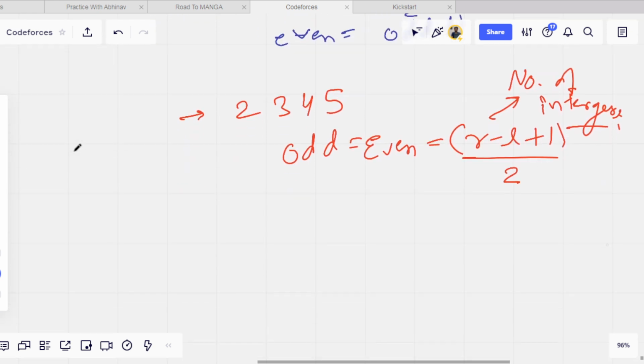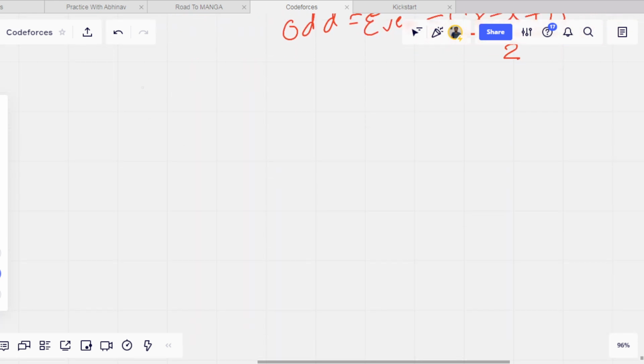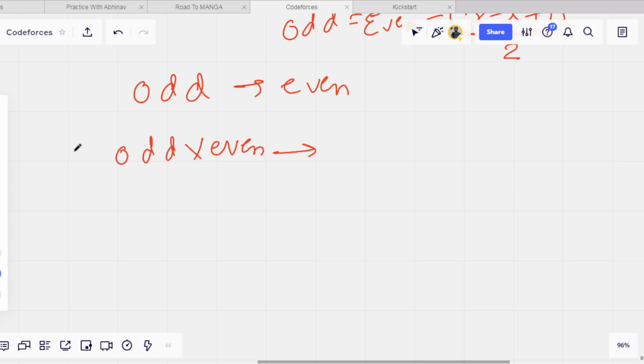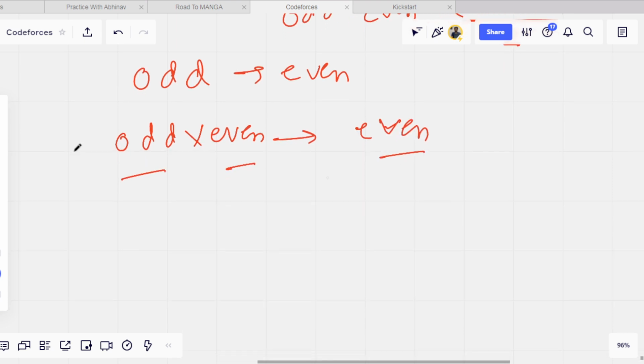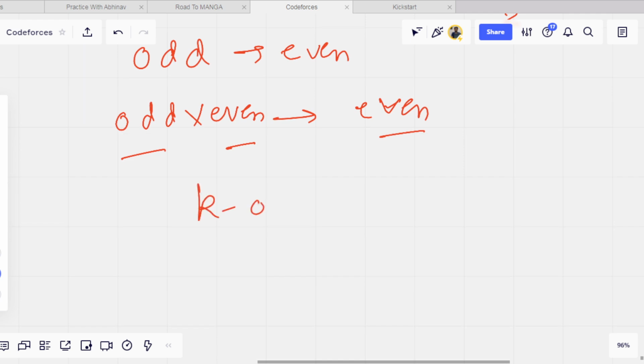Now we have the number of odd numbers and the number of even numbers. We have to convert these odd numbers into even numbers. We can just multiply an odd number by an even number, and by doing this we simply get an even number, because the multiplication of an odd number and an even number is always even. So if we have k odd numbers, we need k operations.